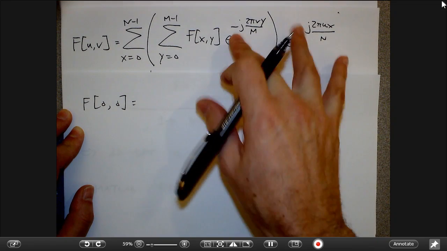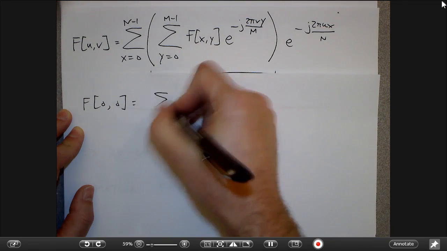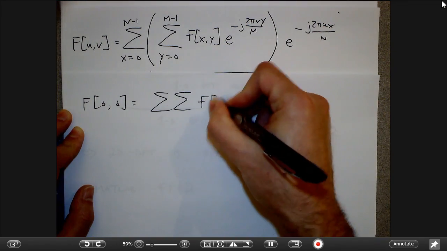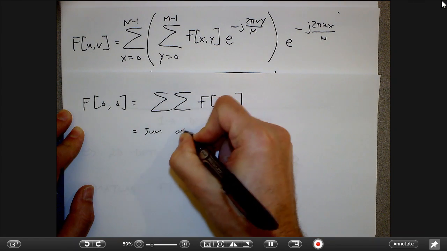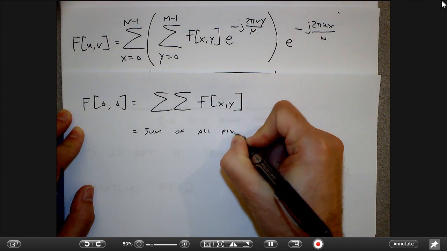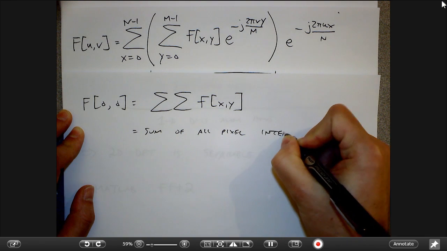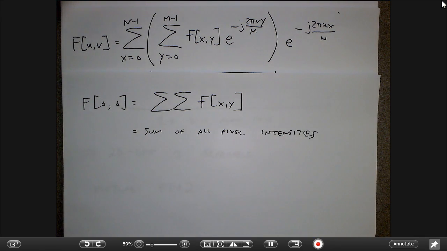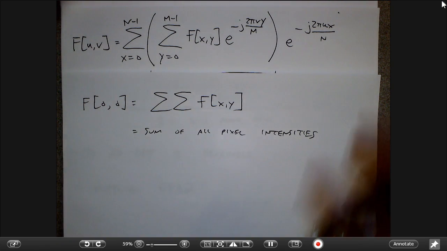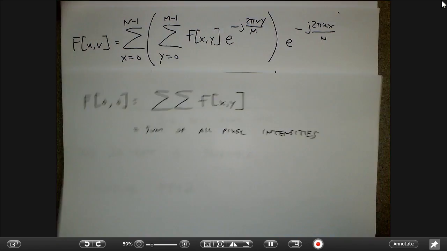Well, I plug in u equals 0 and v equals 0, so both these terms turn into 1. And what I get is basically the sum of all the pixel intensities, so that's going to be some really large number. That's another reason why we want to show things in the log scale: that huge number swamps the magnitudes of all the other values in the Fourier transform.